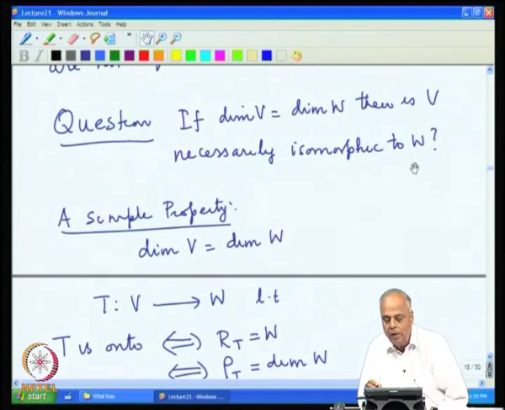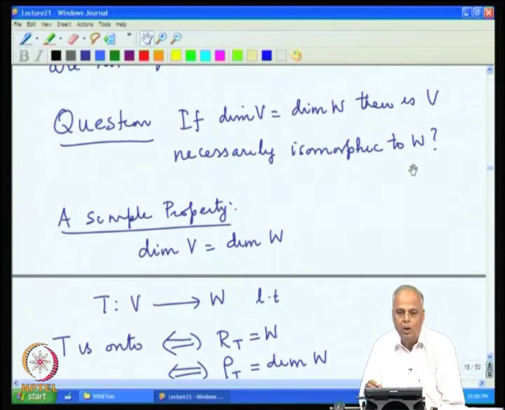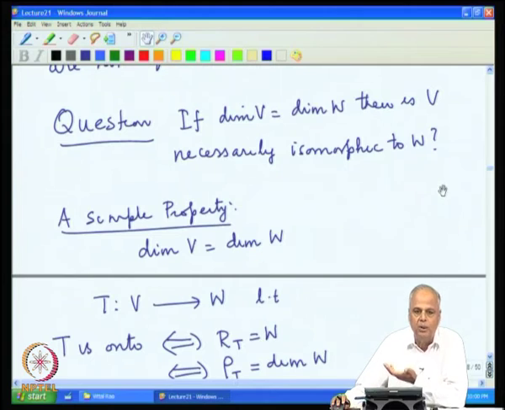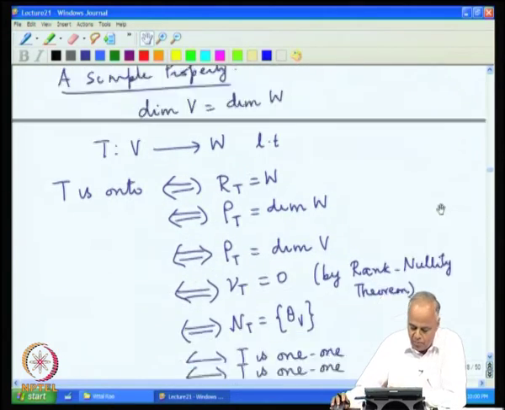This means, can we generate a linear transformation from V to W which is both 1 1 and onto? But now I do not have to worry whether 1 1 and onto; either 1 1 or onto is enough, because one of them implies the other. So, to check isomorphism, it is enough if we check one of them.